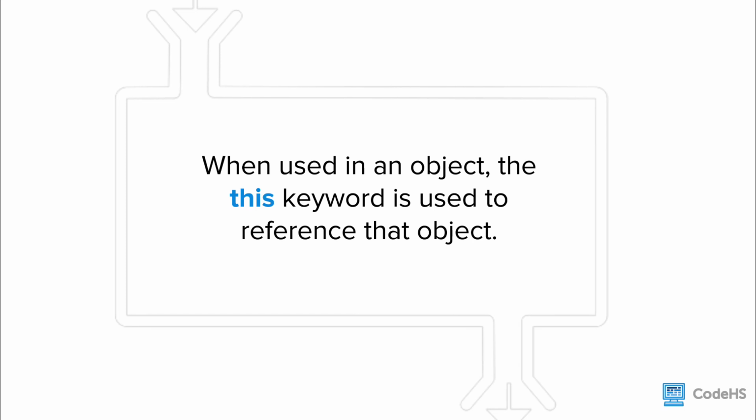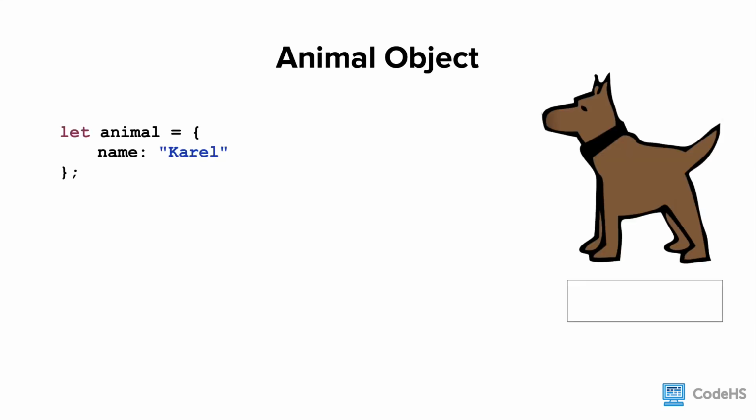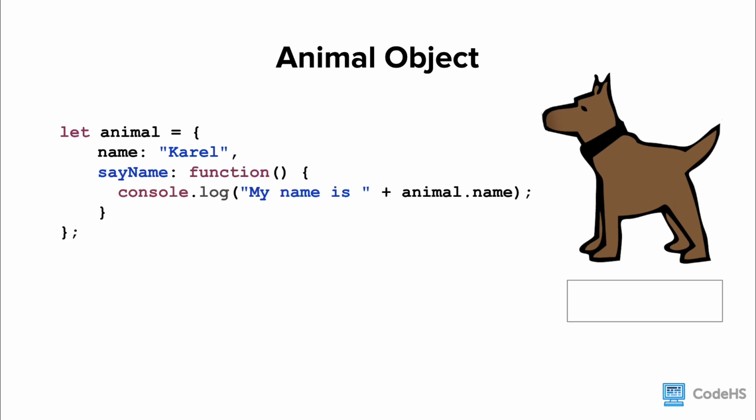This may not make sense at the moment, so let's take a look at a simple example. Here is a basic animal object. If we wanted to access the name property outside of the object, we'd write animal, the name of the object, .name, the name of the property. In contrast, if we want a method that will print my name is plus the value of the name property, we'd start with this.